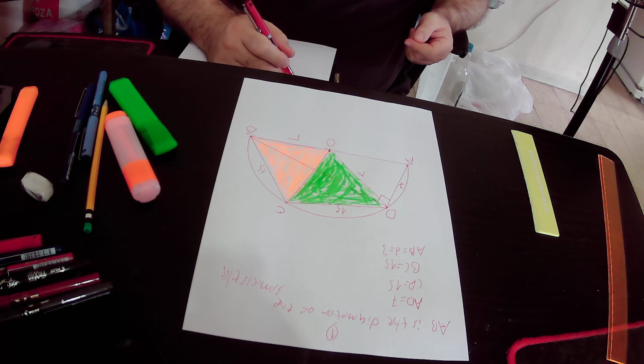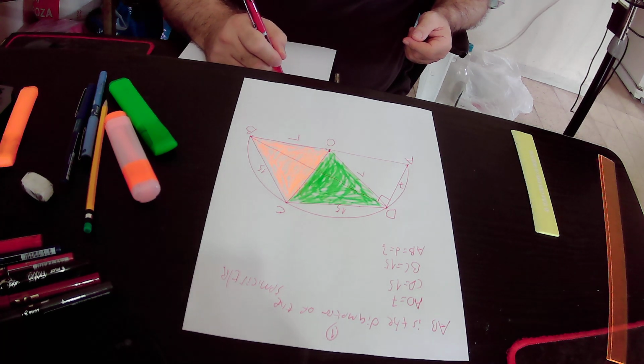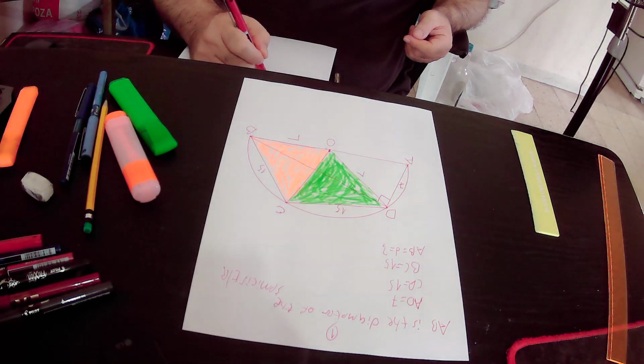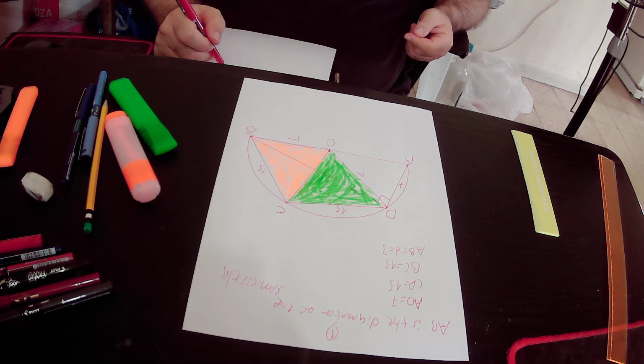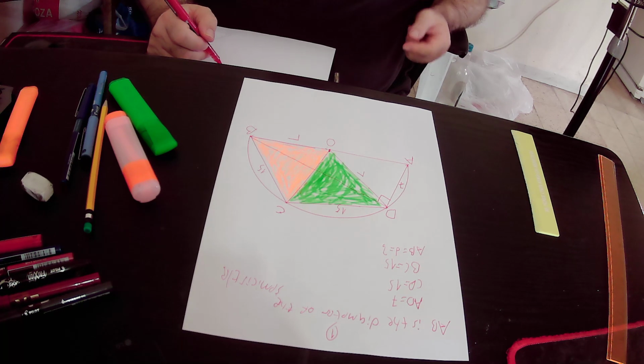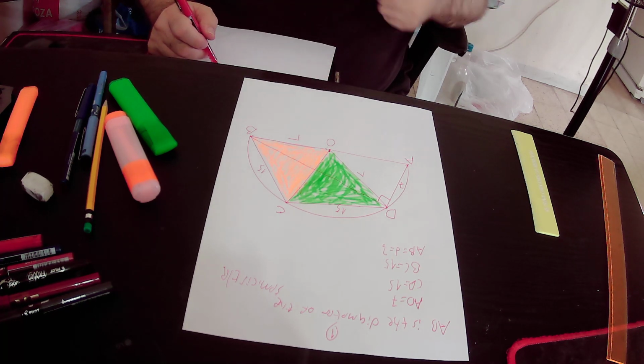So, triangle ODC, that is the green triangle, is congruent to the orange triangle, triangle OCB.